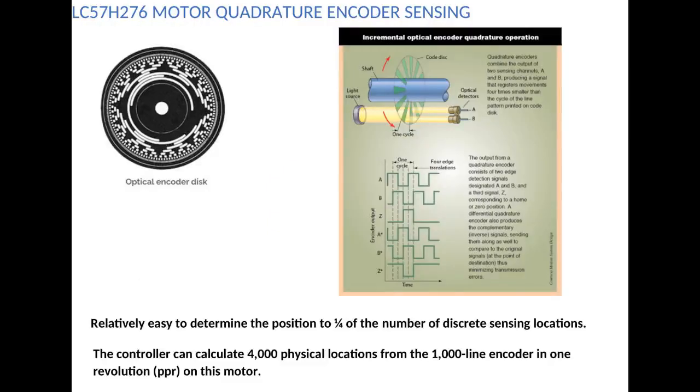With quadrature sensing, the leading and trailing edges of the sensor pulses are measured, and it is relatively easy to determine the position to 1/4 of the number of discrete sensing locations. So the controller can easily determine 4000 physical locations from the 1000 line encoder in one revolution on this motor.